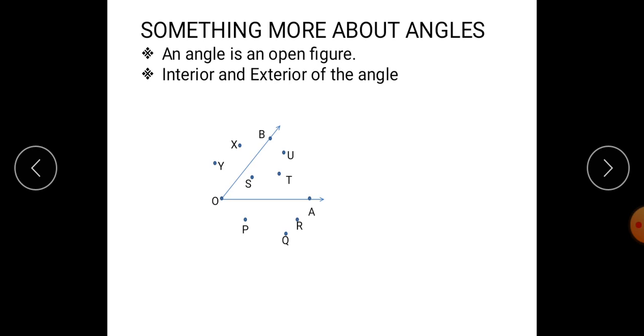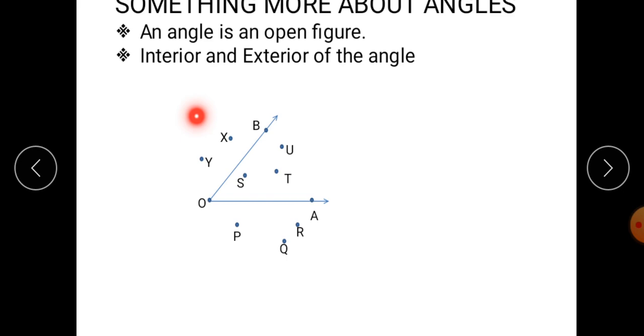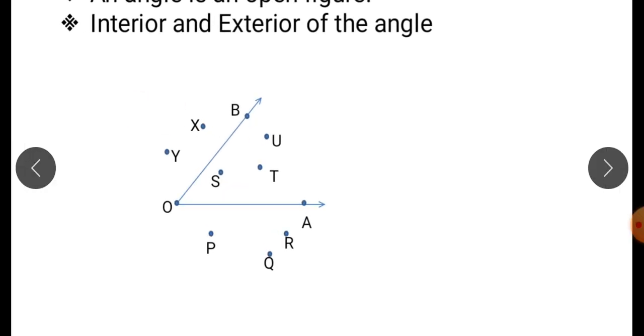Now something more about angles. An angle is an open figure. Now, the interior and exterior of the angle. If you look at the given figure, here I have shown angle AOB. Some points are inside the angle.